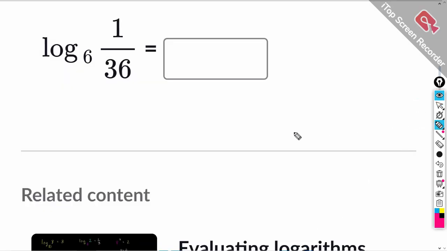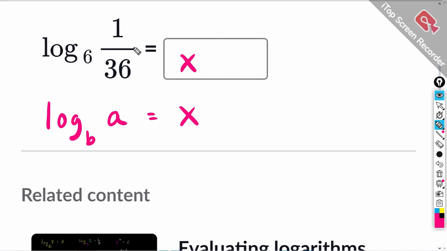All right, so we have this equation here in logarithmic form. So this is in the form of log base B of A, and that equals X. So whatever we get for X, that's going to be our answer.